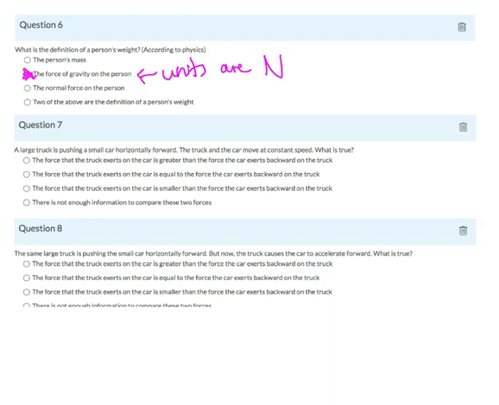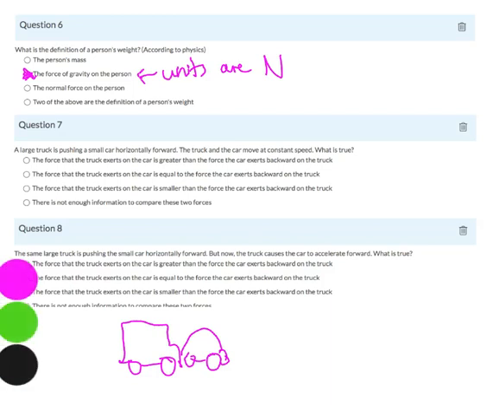All right, 7 and 8 were tricky. So 7 and 8 were in some of the practice problems that you did before. So there's a truck here pushing on a little car. And we're told initially that they're going at constant speed. So we know that the car is going to feel a force from the truck forward.